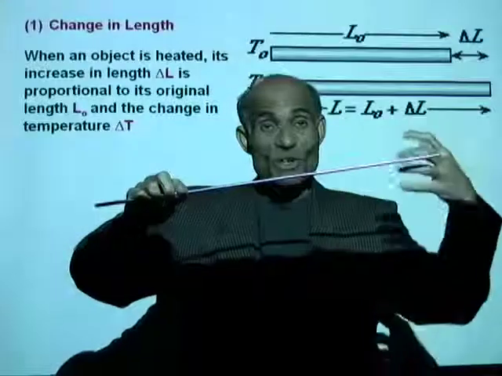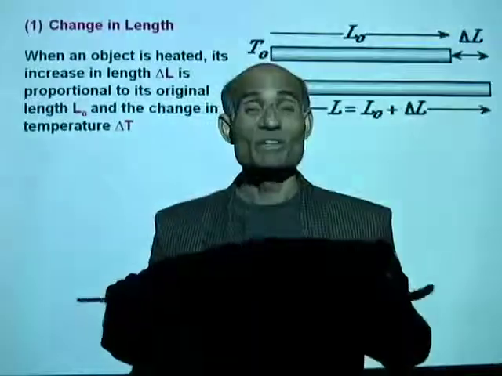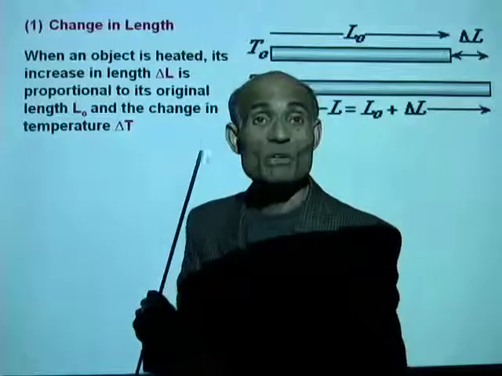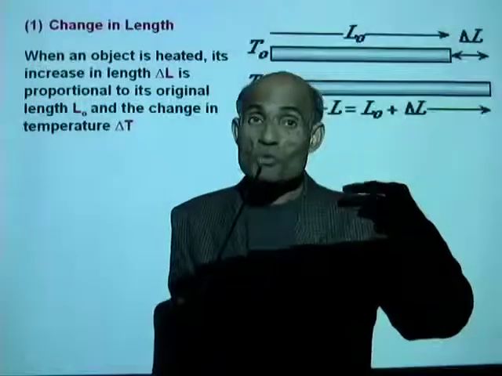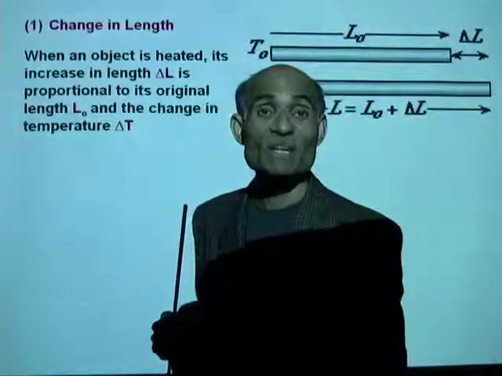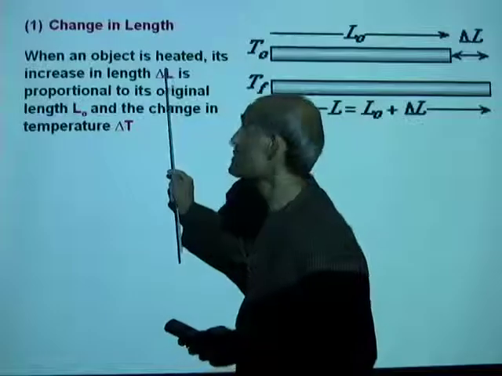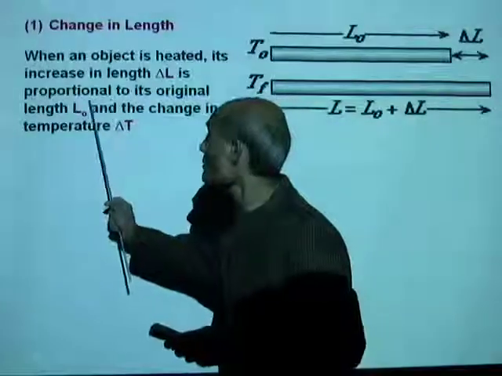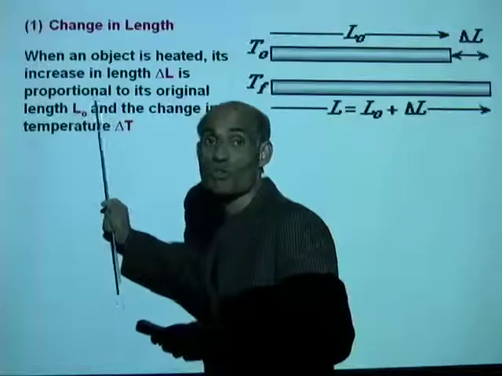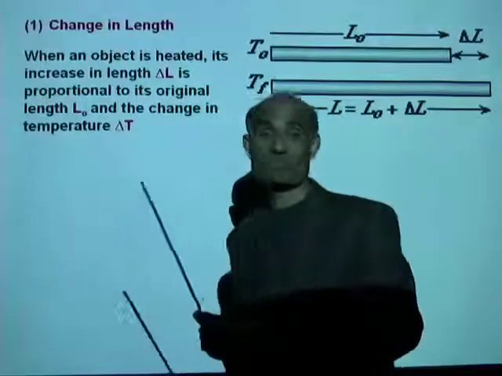And also, if I heat it through a greater temperature, the increase in length will be greater. So these are the two dominant factors on which the increase in length depends. So the increase in length delta L is directly proportional to the original length and the change in temperature.